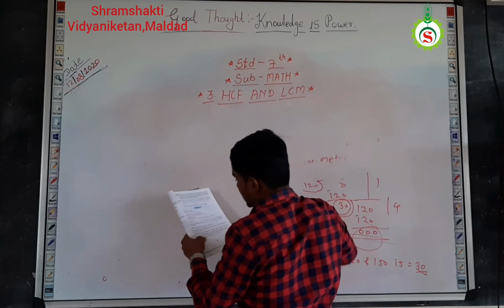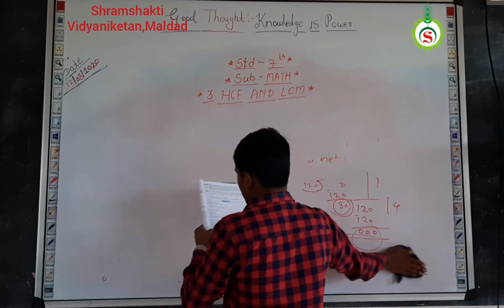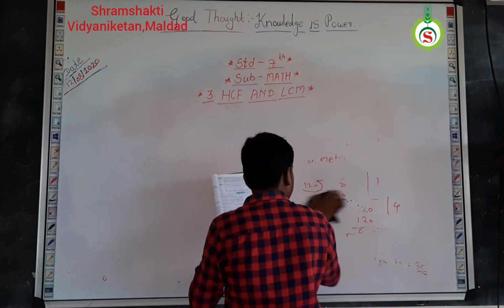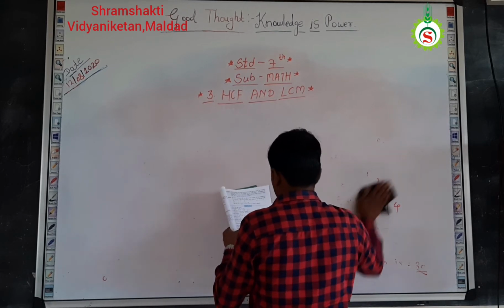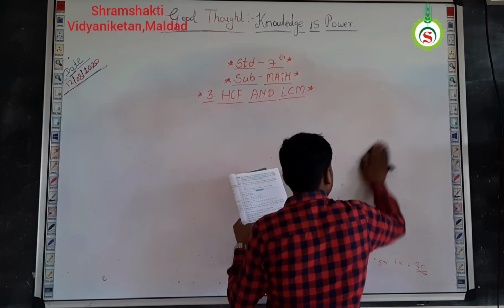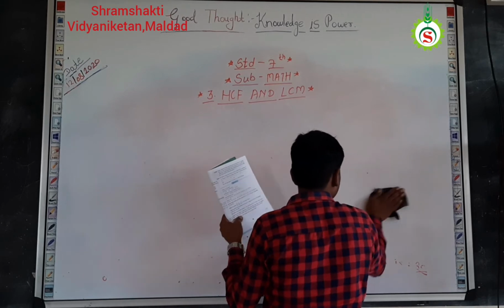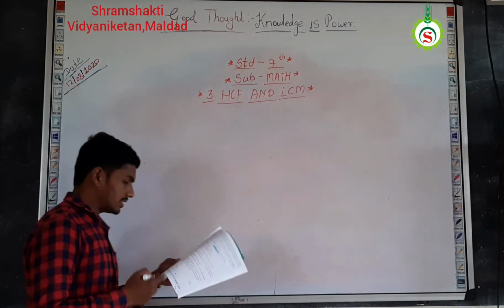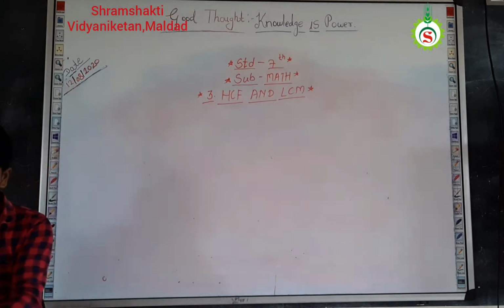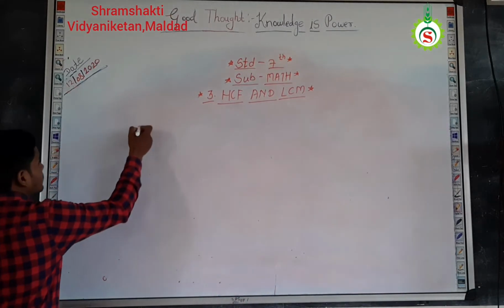So the first example is like that. Find the HCF and LCM of 14 and 28. So which are the numbers? 14 and 28.